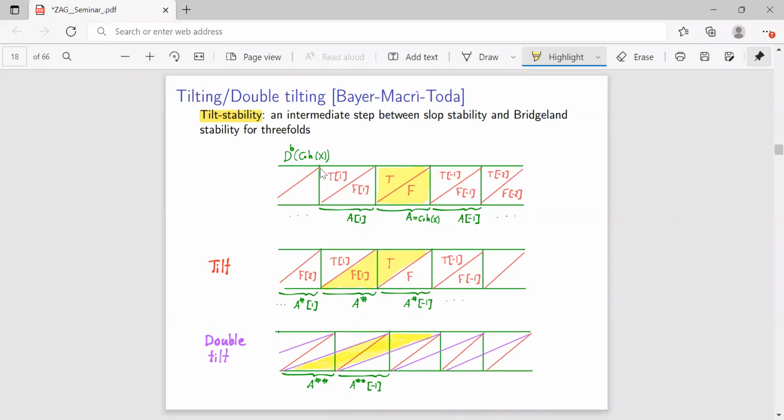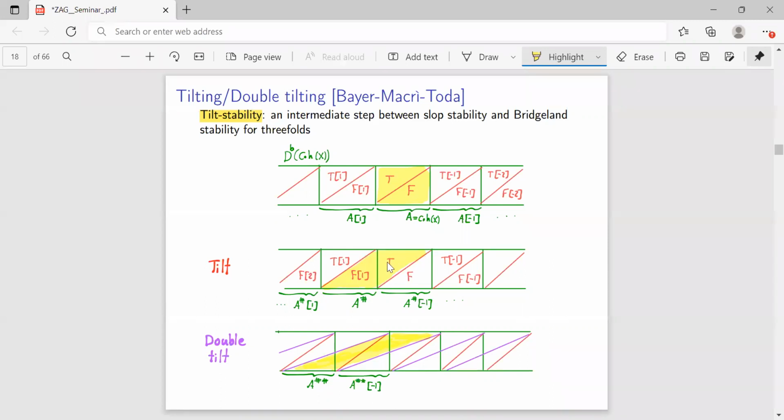Then to find another abelian category, you take these T parts of this, and instead of F, you look at this F shifted by one part, and you take this block here. And we call this process tilting. And this gives you a new abelian category inside the derived category.